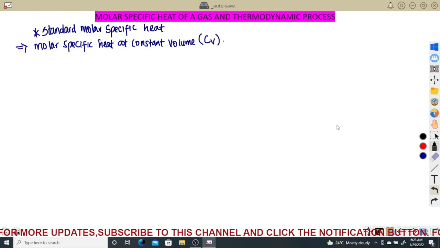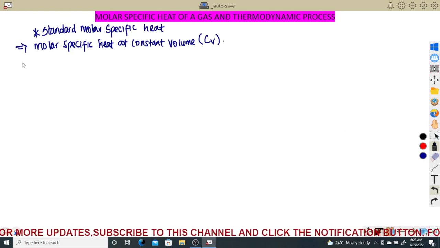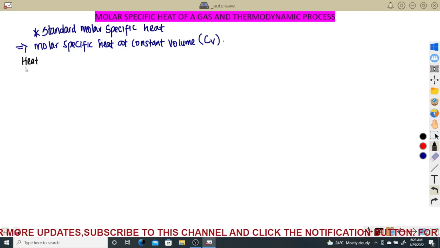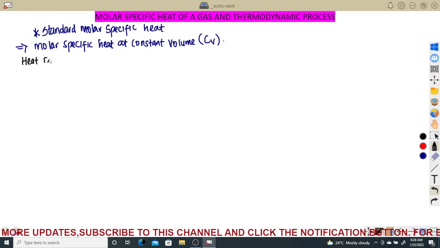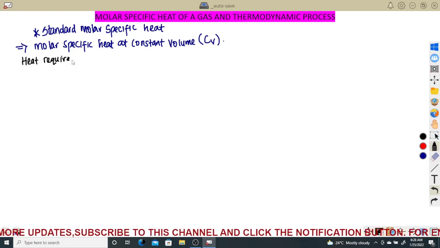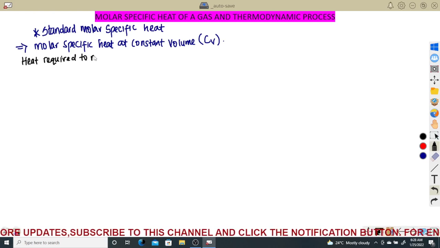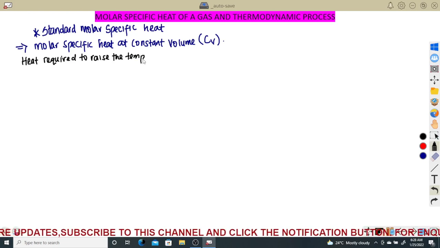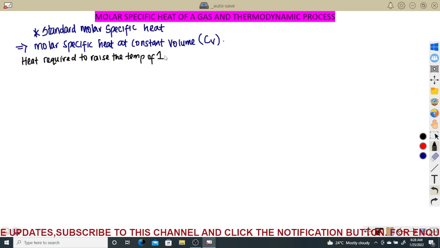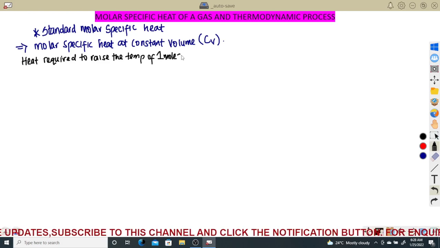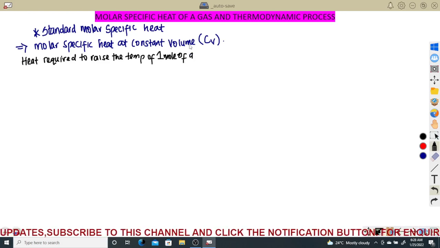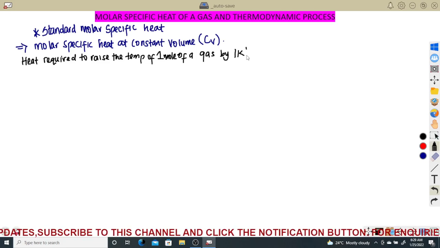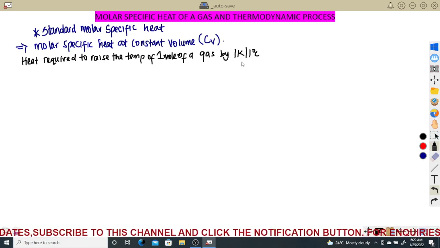When we say the molar specific heat at constant volume, the definition we give to it, for those of us writing examinations theoretically, is just the heat required to raise the temperature of 1 mole of a gas, more or less like your specific heat capacity, by 1 Kelvin, or 1 degree Celsius, at constant volume.